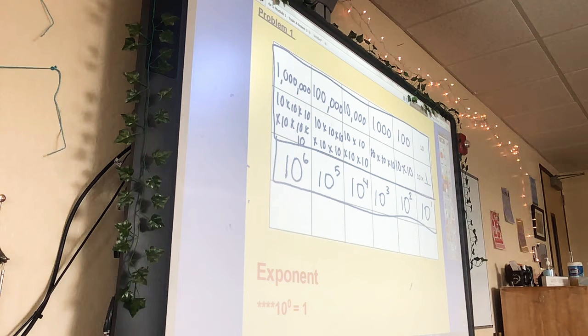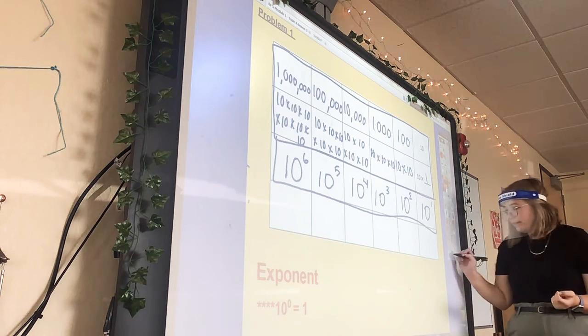I'm doing this with 4th grade right now too, so you guys might not remember this, and that's okay. But when we go up on a place value chart, each spot gets larger by 10, right? So if we had 1 in a ones place, okay?